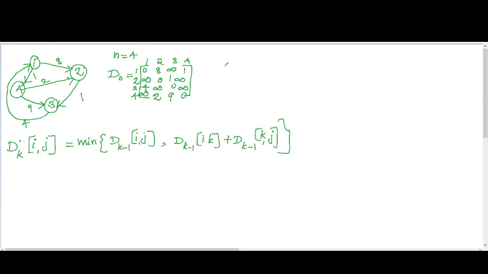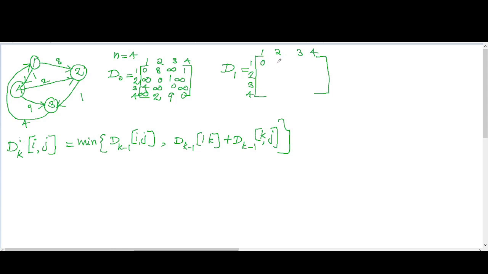So, at first we have to take 1 as the intermediate vertex. So, what is D1? In order to form D1, at first we have to keep the first row and first column fixed. So here 1, 2, 3, 4, 1, 2, 3, 4. So at first we can fix the first row, first column.